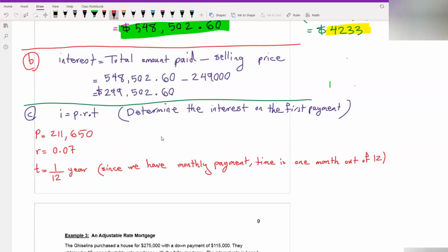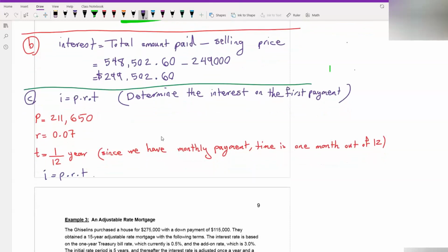Now find the answer for interest. So principal times rate times time. The number I have here is $1,234.63.